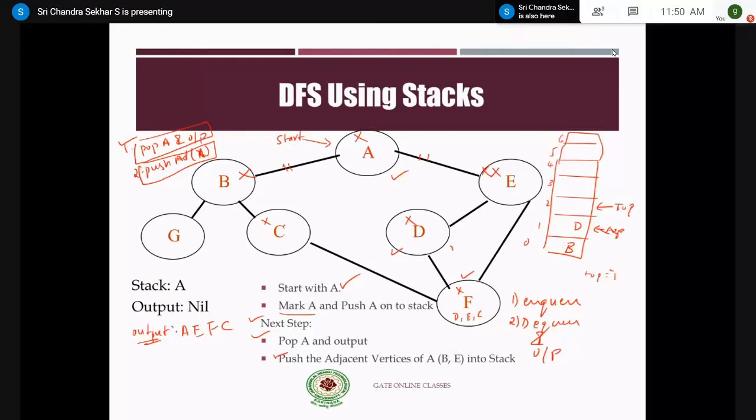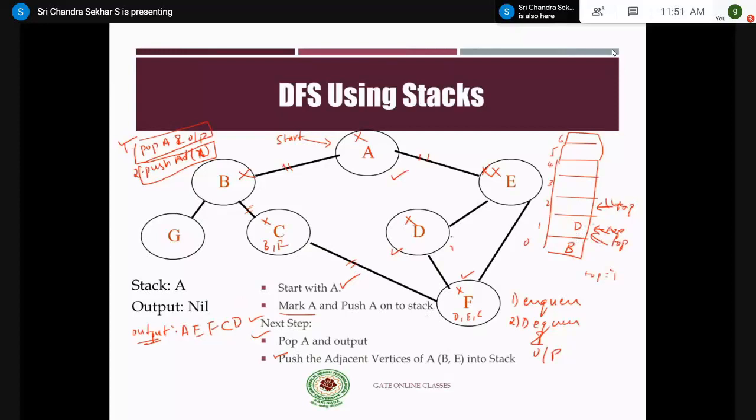And then you have to push the adjacent vertices of C which are unvisited, right? For C we have two adjacent vertices, that is B and F. But both of them are visited, that is either present in the output or present in the stack. So in such a case nothing to do. My top is pointing here, you go for the next element, that is D. Pop D and print it in the output.